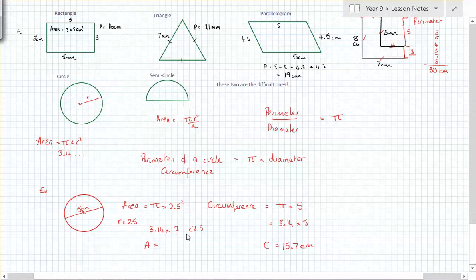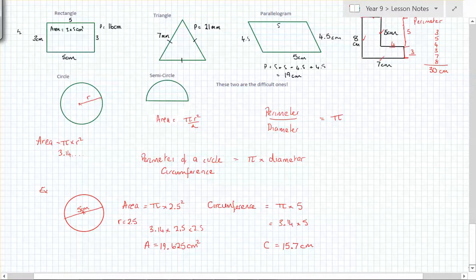So 2.5 times 2.5. 19.625. And what's the units? Centimetres squared. Okay? So that's how you find the circumference and area of a circle.